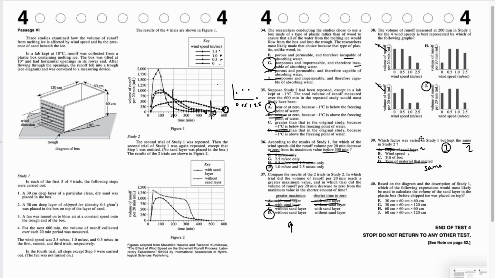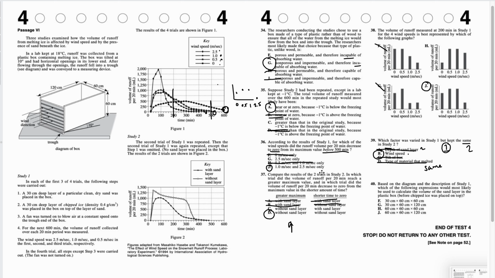We want it to change in study 1, but the tilt of the box stayed the same. So that one is gone. So B is the only one that I can't find supporting evidence to say it's not the same in study 2. So B is the only one I could potentially continue with. I can find evidence to support crossing out the other 3.